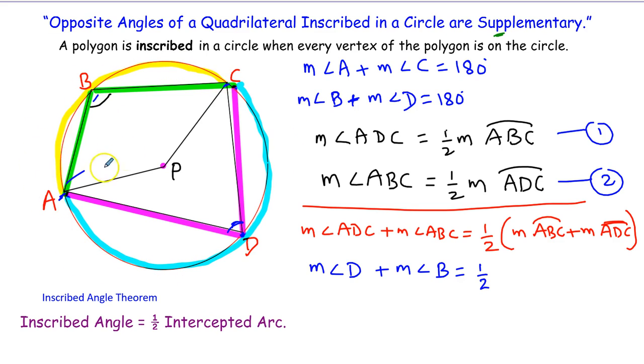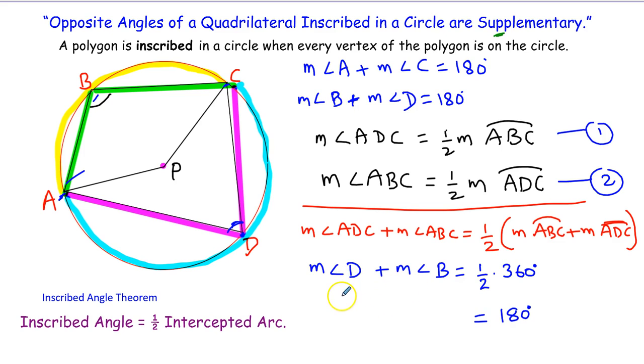Adding this ABC plus ADC together, it is nothing but the whole circle, which is a complete angle of 360 degrees. So what is half of 360? That is 180 degrees. And what is there on my left hand side?